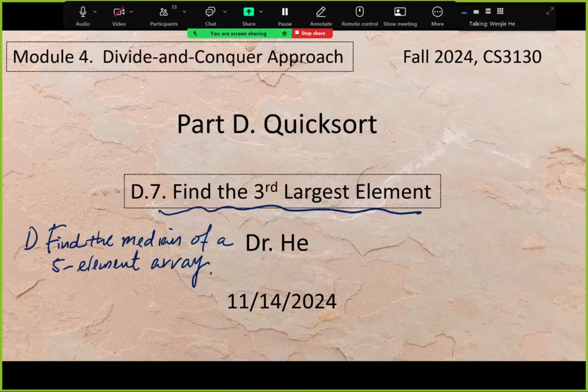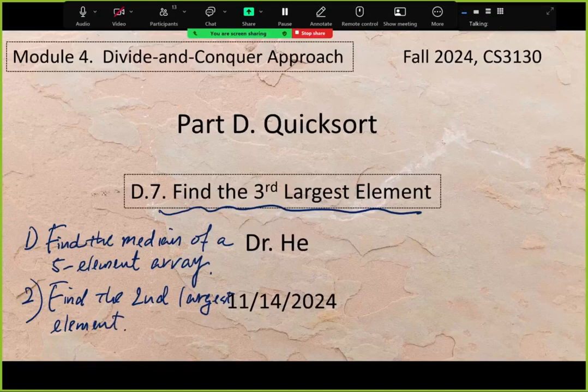All right. Second, find the second largest element. That tournament method, okay?